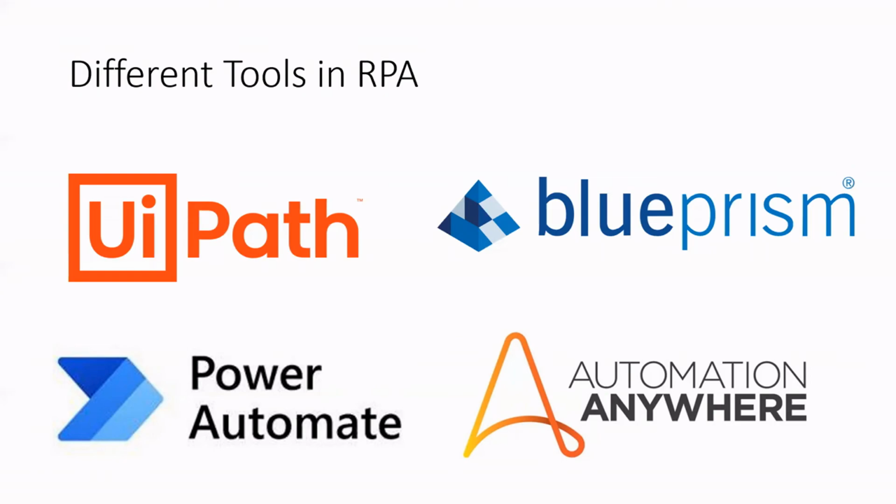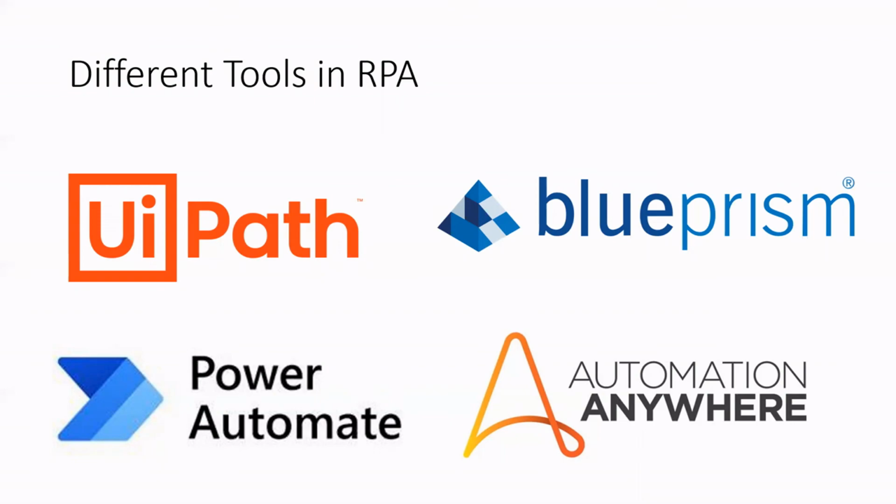UiPath is a company which provides a tool for automation. Then we have Blue Prism also, another company which provides software to develop RPA. Then Microsoft Power Automate is Microsoft's product, and Microsoft is also now providing features for RPA.